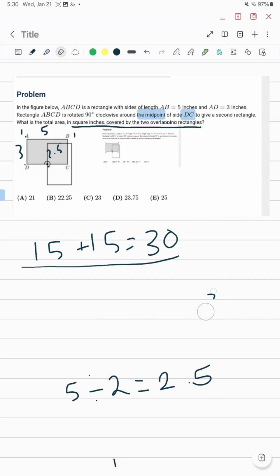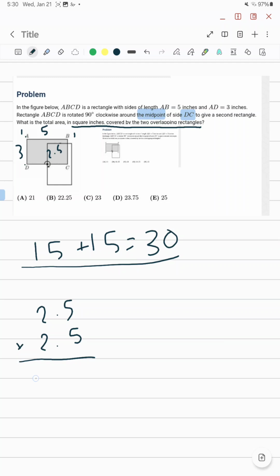And also, since we can see that the little rectangle is clearly a square, we can say that the area of that would be 2.5 times 2.5, which equals 6.25.